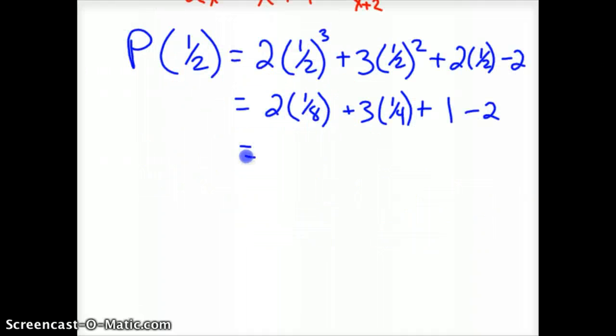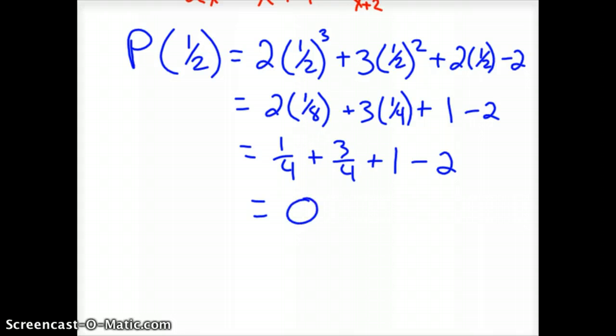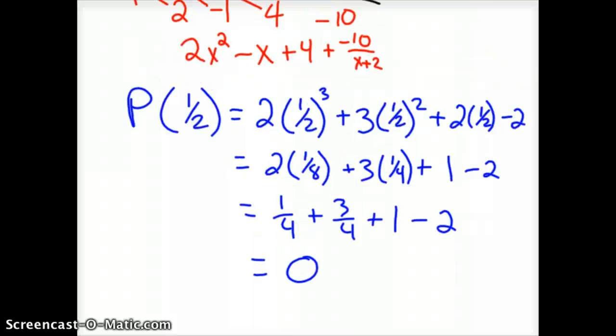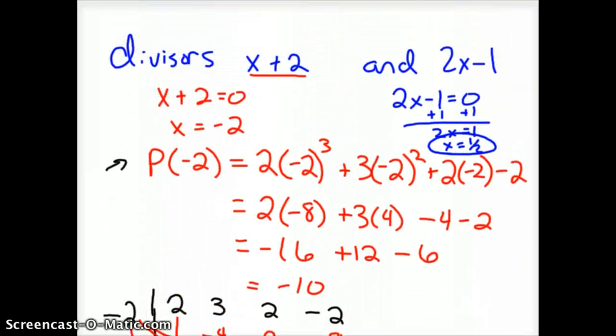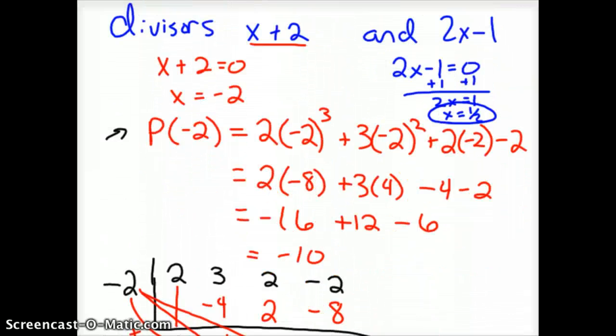That'd be 1/4 plus 3/4 plus 1 minus 2, and that would give you 1 plus 1 minus 2 is 0. So cool. That means that 1/2 is a root of that original polynomial.